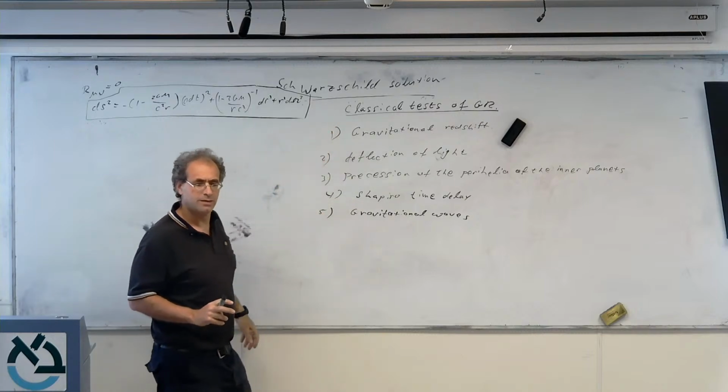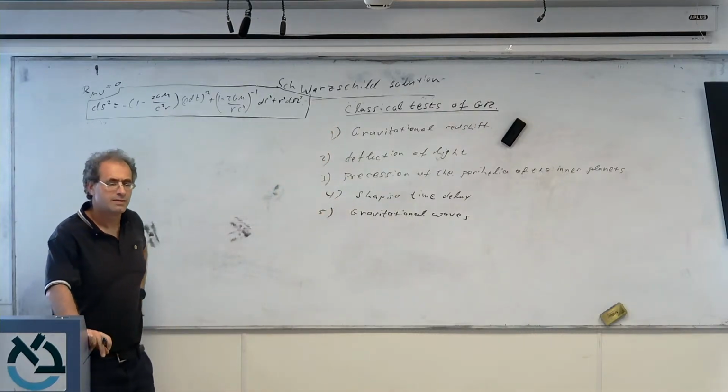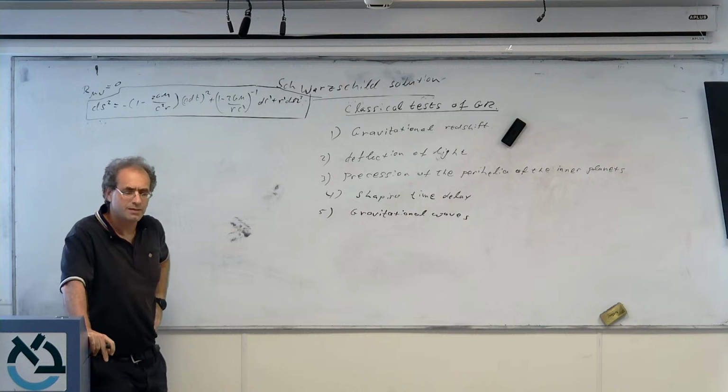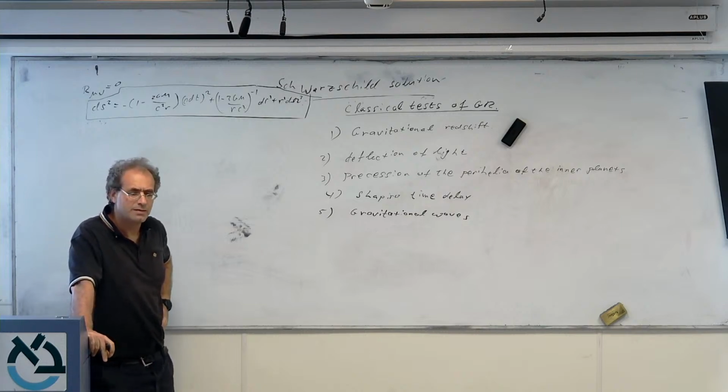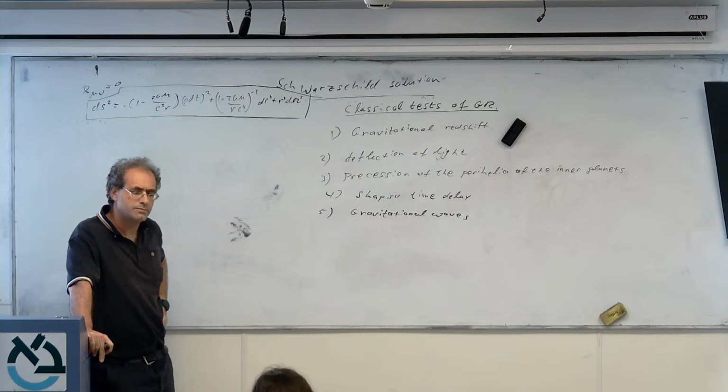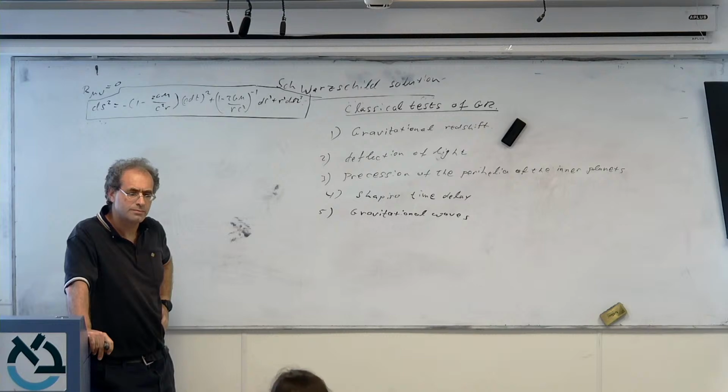Why do we look only at the inner planets and not all of them?